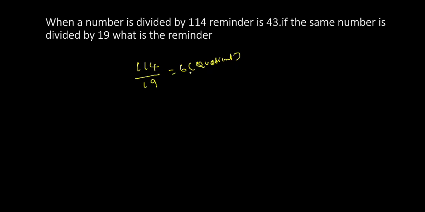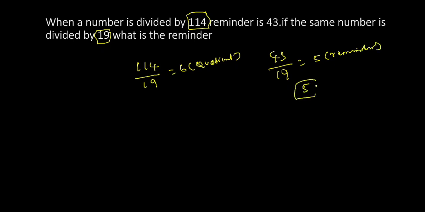So it is divisible by 19. When this number is divisible by 19, you can divide the remainder by 19. So 43 divided by 19, 2 19s are 38. So the remainder is 5. So the answer is 5.